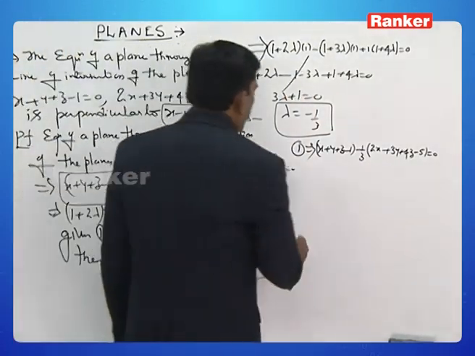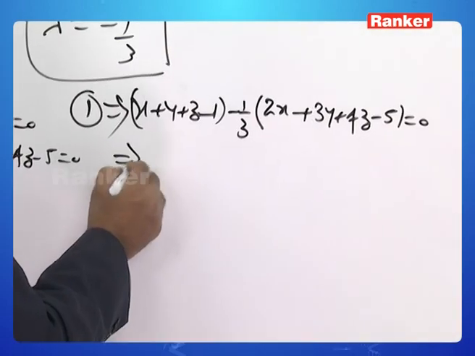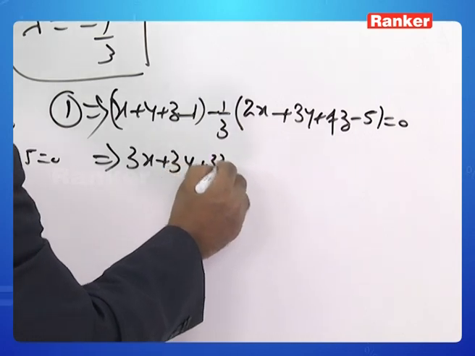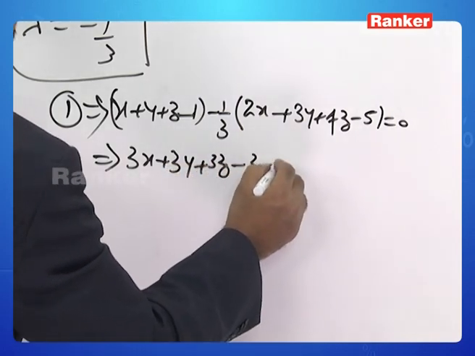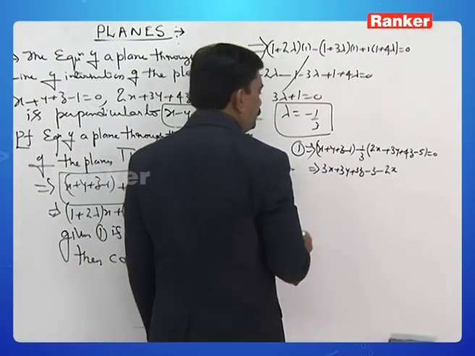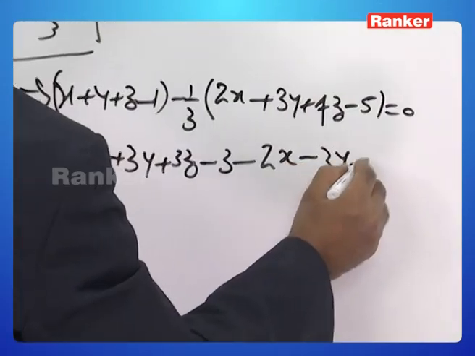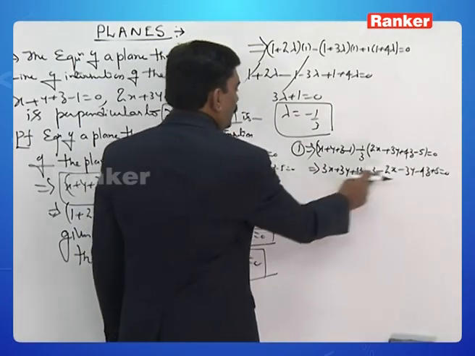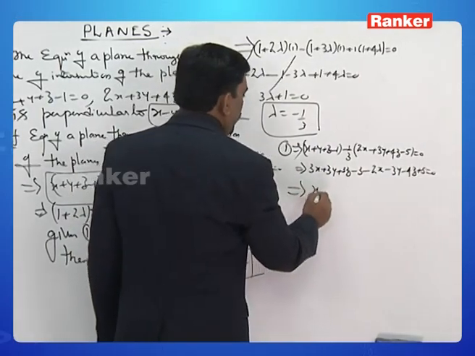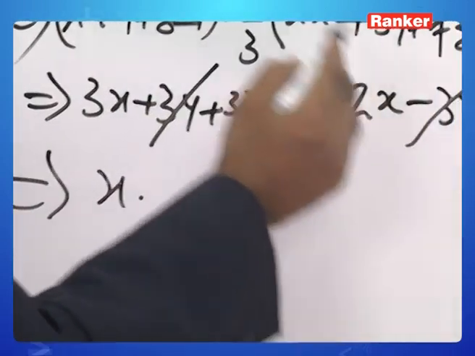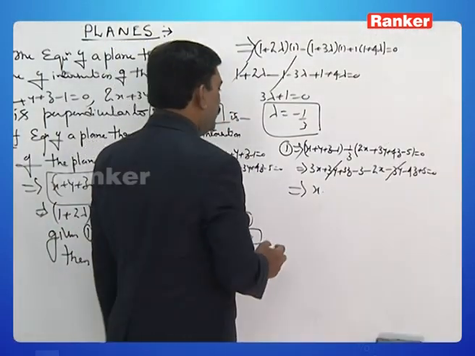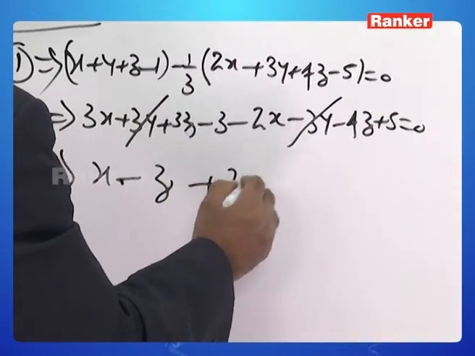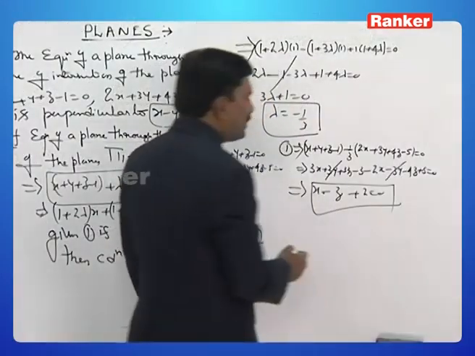Cross multiplying, 3x plus 3y plus 3z minus 3 minus 2x minus 3y minus 4z plus 5 is equal to 0. Now simplify, which implies x, 3y goes, next 3z minus 4z is minus z, plus 2 is equal to 0. This is the required answer.